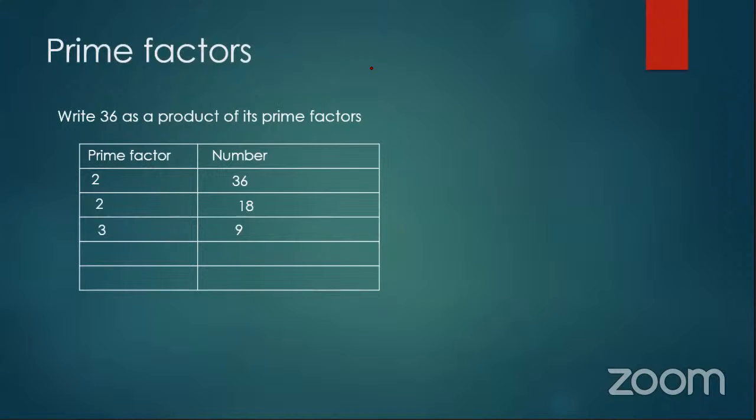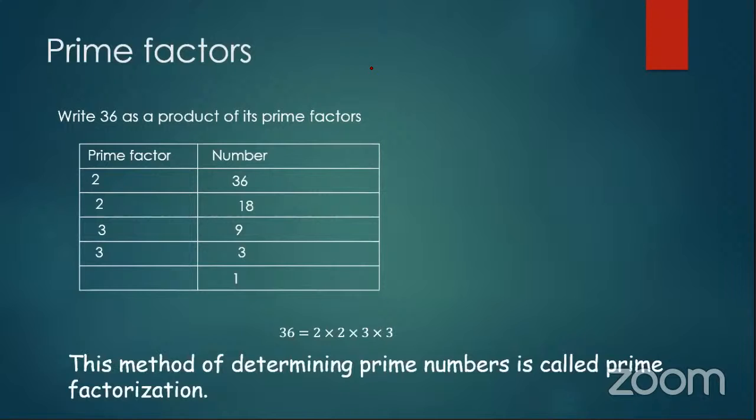So 9 divided by 3 gives us 3. We divide by 3 again and it gives us 1. And from there we say 36 is the same as 2 times 2 times 3 times 3. So there we are expressing it as a product of its prime factors. And this method is called prime factorization.